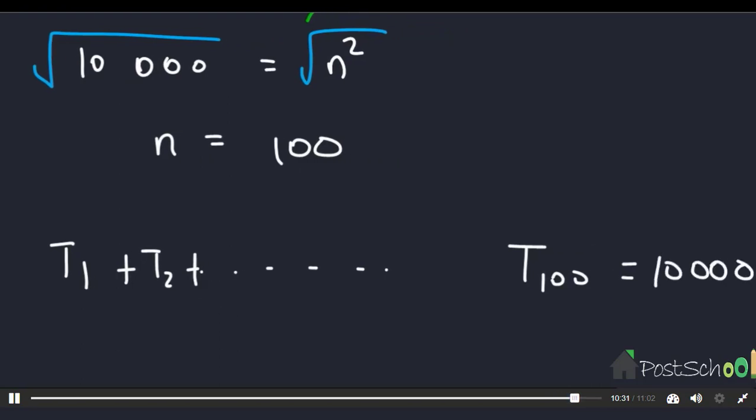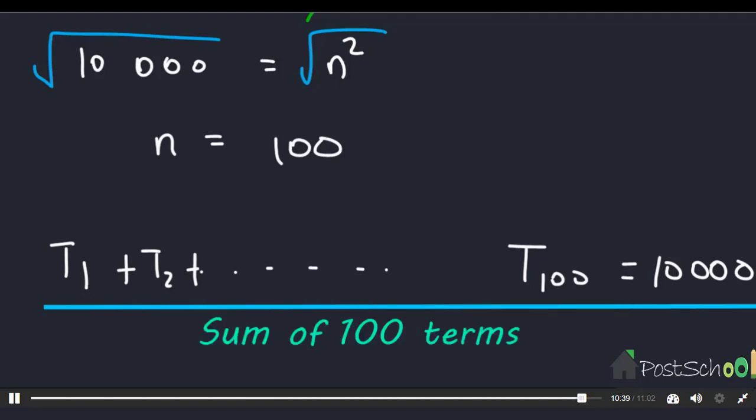So this is a sum, not a term. We can still calculate T100, and it's not 10,000. This is the sum of everything, T3, T4, up to T98 plus T99. So summing everything from term number 1 to term number 100, we get 10,000.